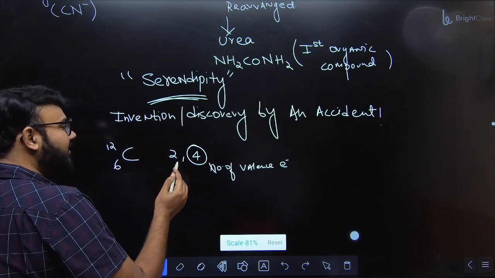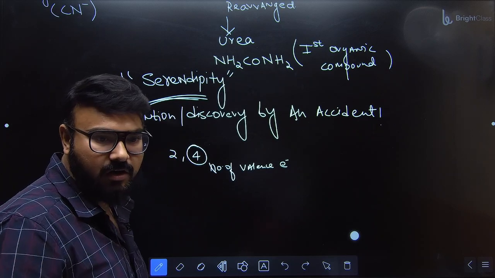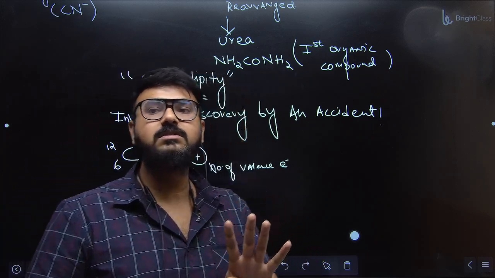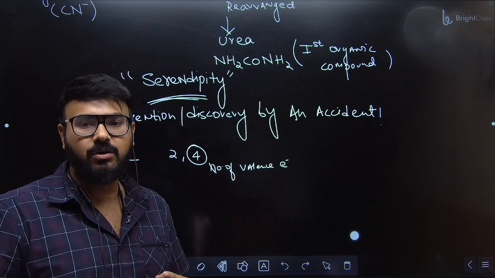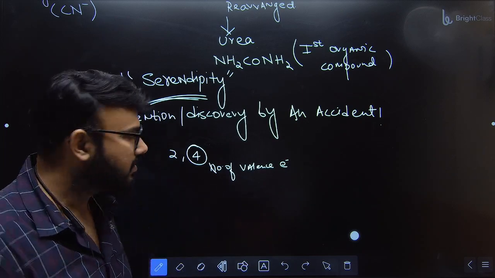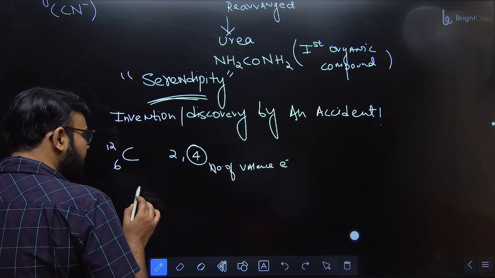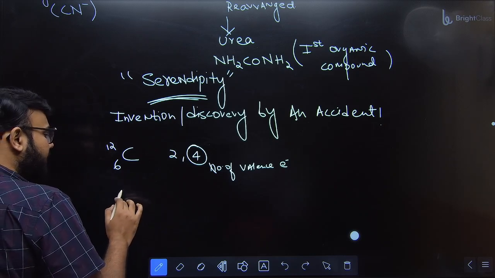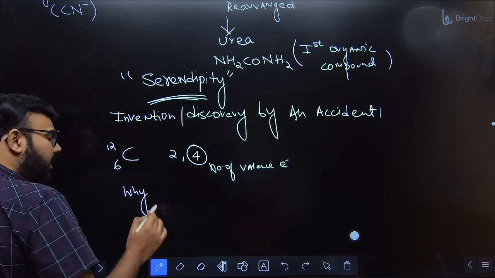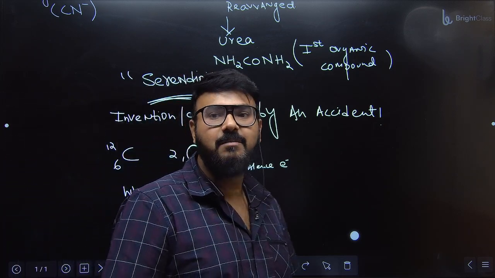Now understand, 2, 4, 4 valence electrons. Due to these 4 valence electrons, carbon gets a lot of superpowers. I will tell you what those are. Important features of carbon. The question arises, why are there an unlimited number of carbon compounds?